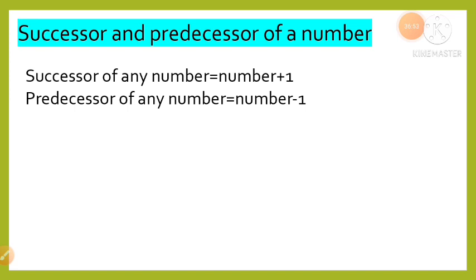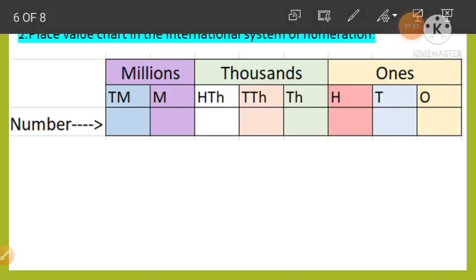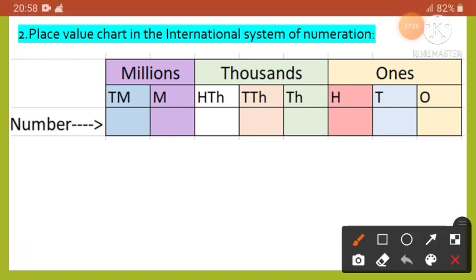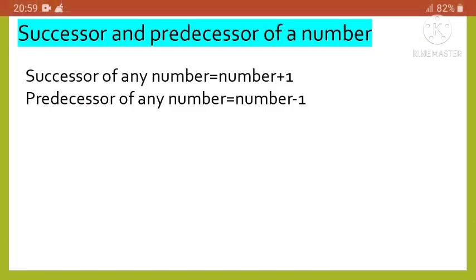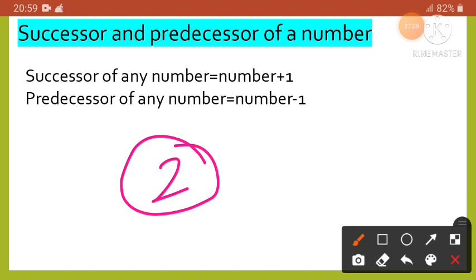So in mathematics, if you want to find the successor of a number, suppose I am writing the number 2. What will be the successor of this number? The successor of any number is the number plus 1.